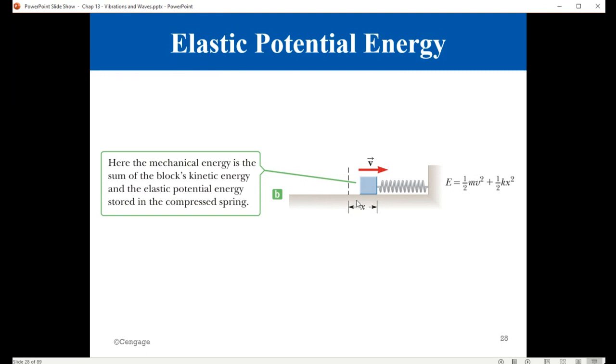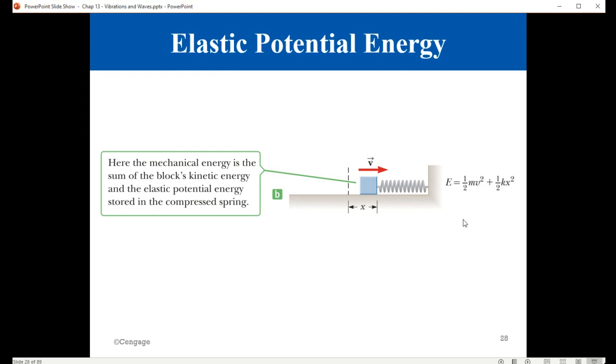Now, when the mass starts compressing the spring, part of the original kinetic energy is stored in the spring in the form of elastic potential energy. So at any moment, like this moment, the velocity now is v. The kinetic energy now is half mv squared.